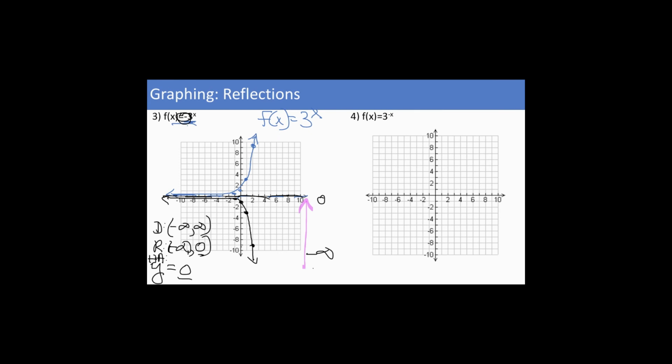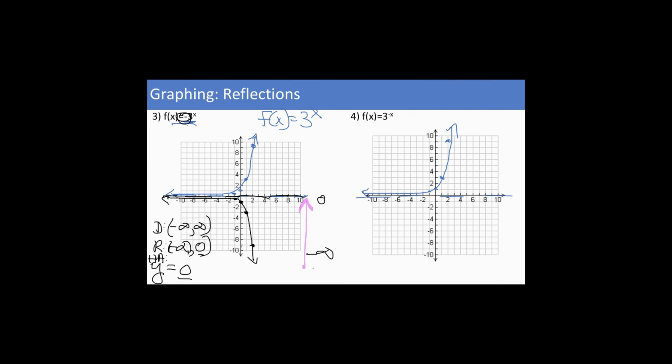All right. So 0, 1, 3, 1, 3, and then 1, 9, negative 1, 1, 3. And asymptote. Okay.